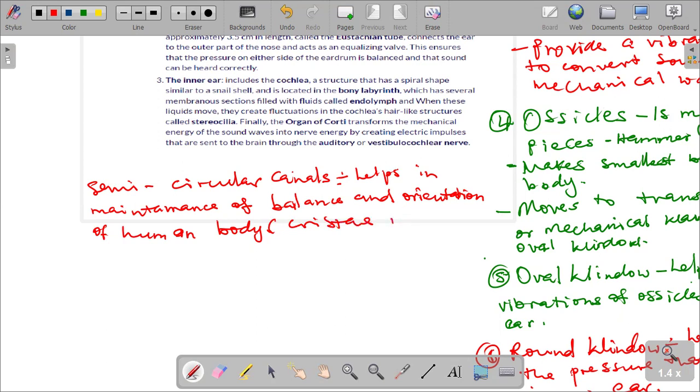The crista helps in balancing, and we also have the utricle and saccule, which contain the maculae for balance.